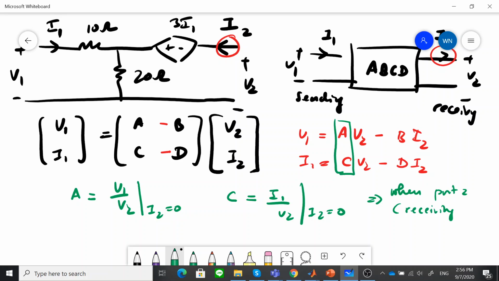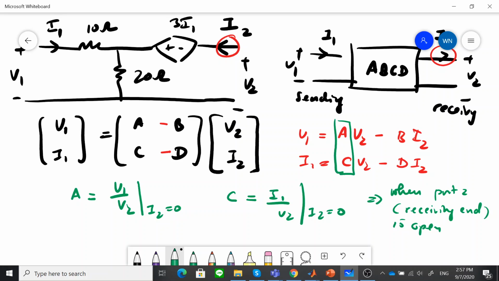I want to use this term to get you familiar with the terms in power systems. Port 2 or the receiving end is open.